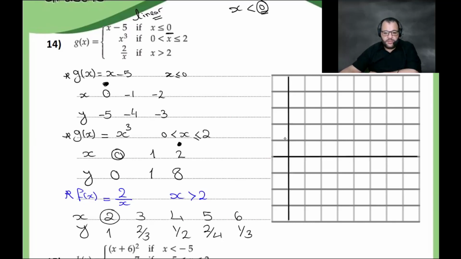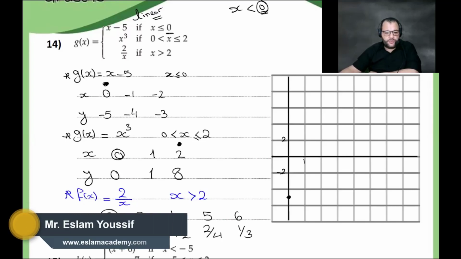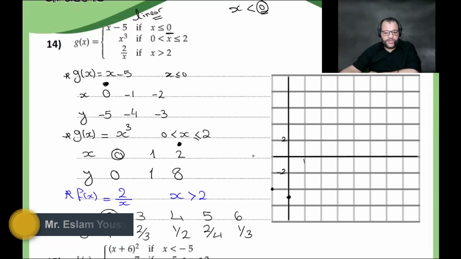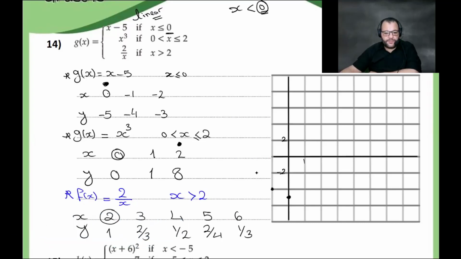I'll make the scale for the vertical 2 and for the horizontal 1. So the first point that we have was 0 and -5. That is the first point, and it's closed. Then -1 and -4, -2 and -3. And that's how the graph will look like for the first one.